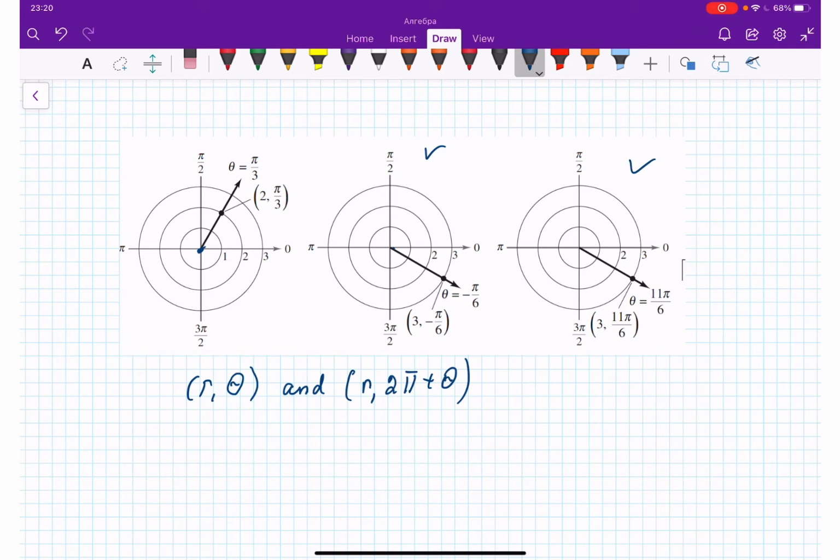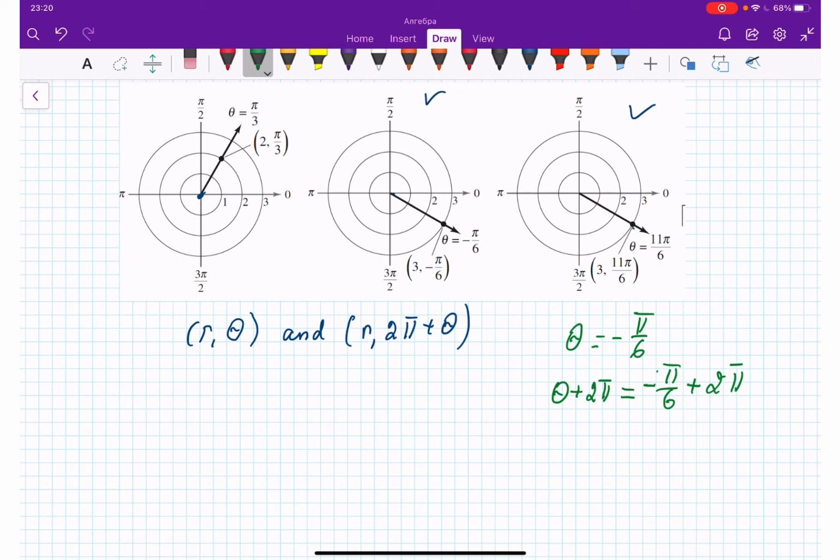here theta is equal to negative pi over 6. So if I do theta plus 2 pi, right, make a full circle, it's going to come to the same position. So negative pi over 6 plus 2 pi. This is going to be equal to negative 1 over 6 pi plus 2 pi.